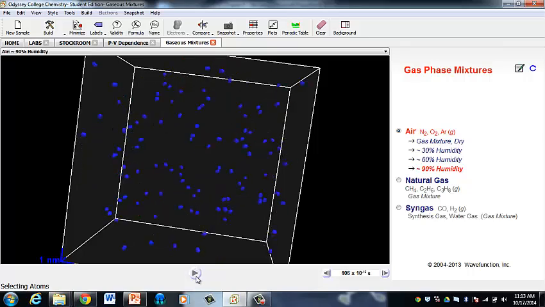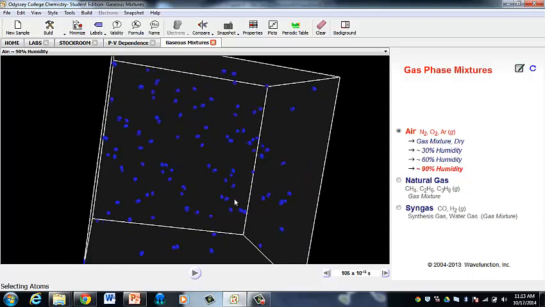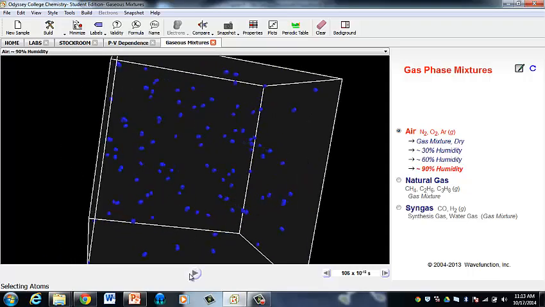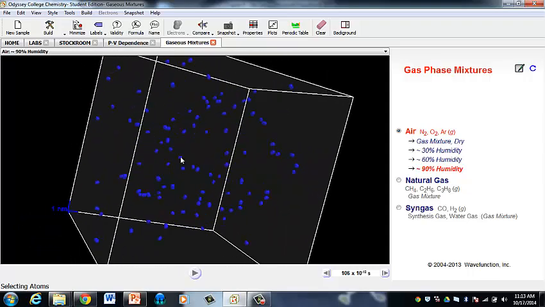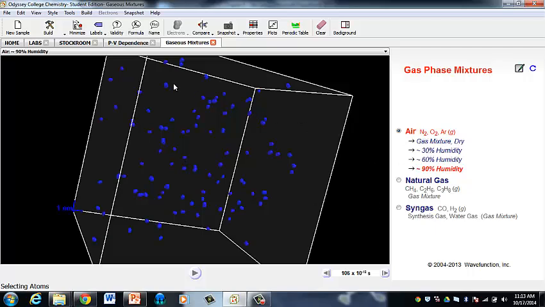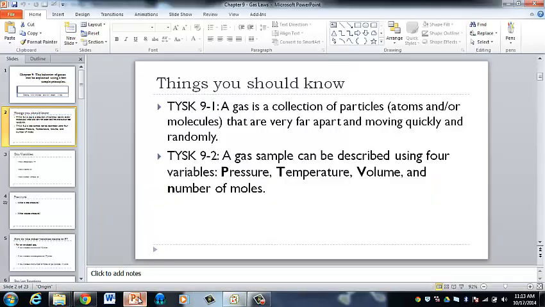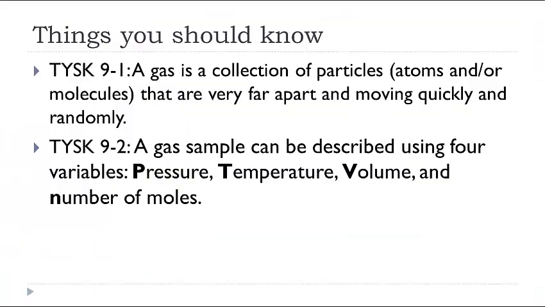Oops. And I don't know what just happened. But I didn't actually pause it. It just got upset. Oh well. So whenever we talk about gases, keep that picture in your head. Particles far apart, moving quickly.